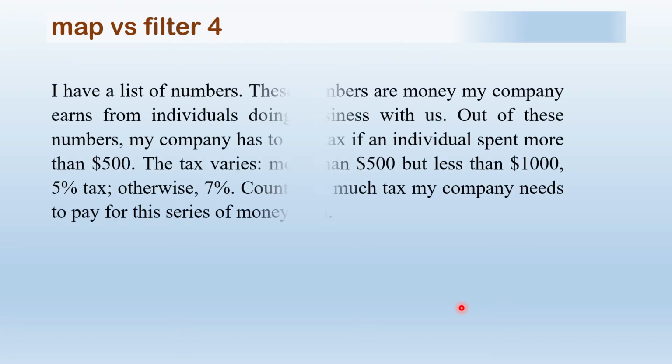Okay, so let's try problem number 4. Let's say my company earns some money from a series of individuals. If an individual spends more than 500, it's taxable. I mean, more than 500, not 500. If the customer spends more than 1,000, the tax will be 7%.